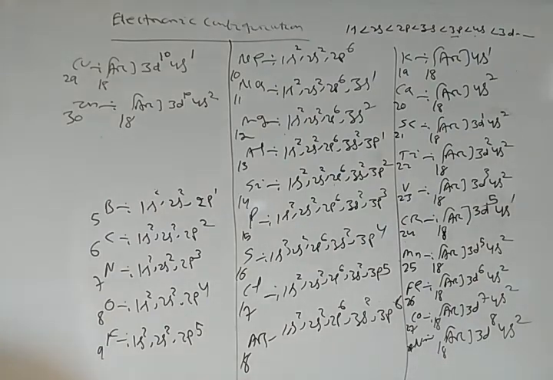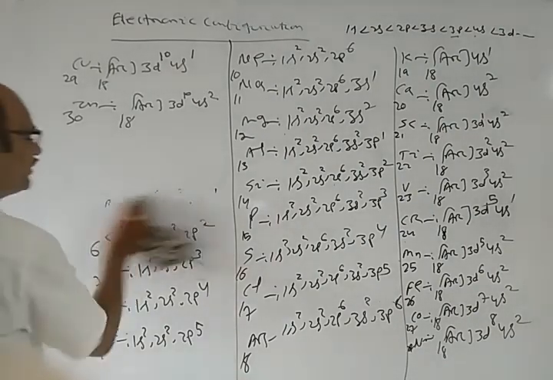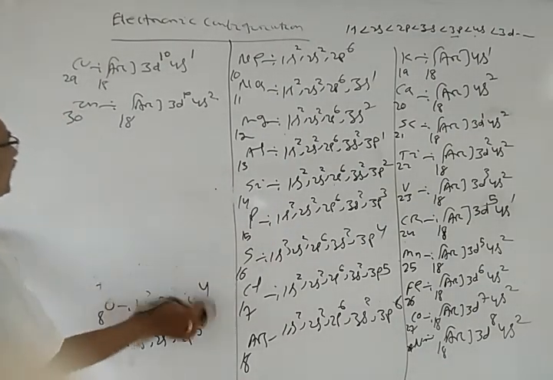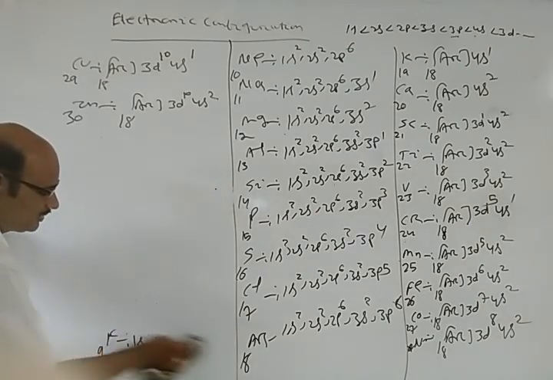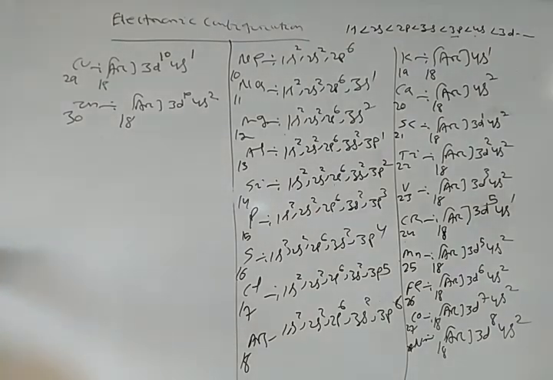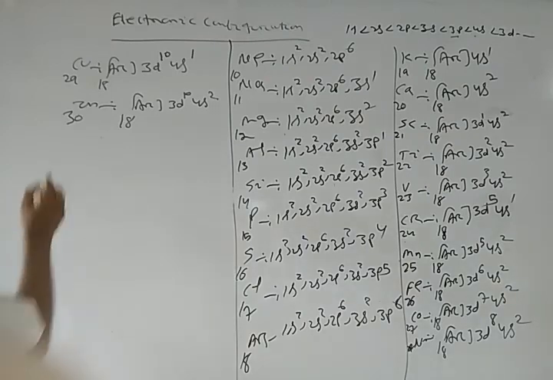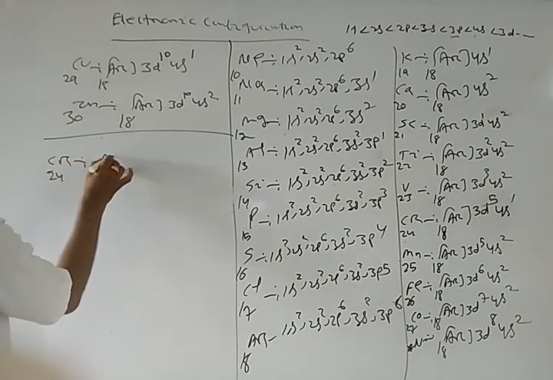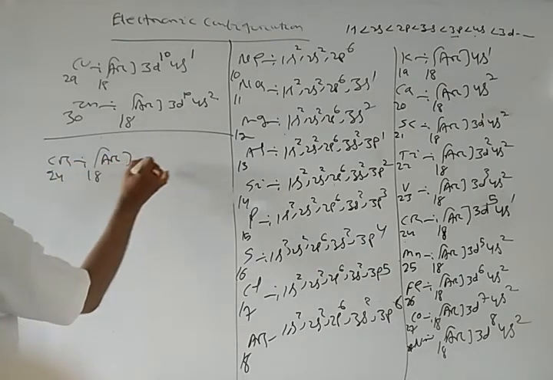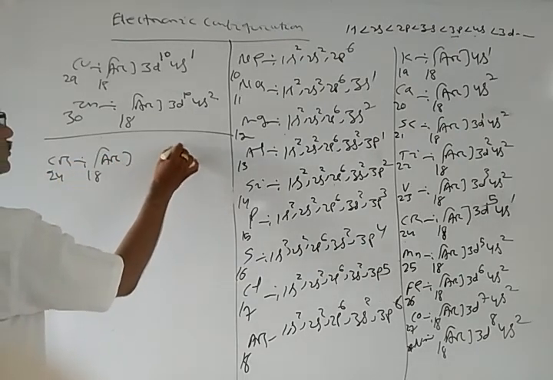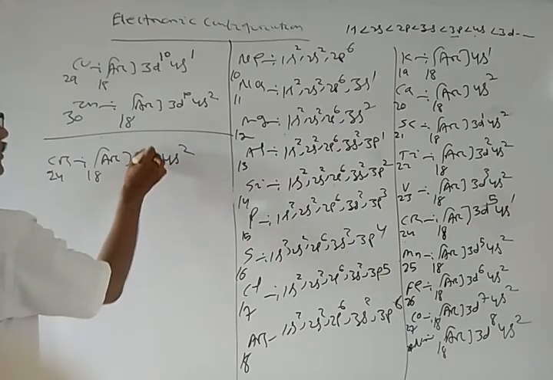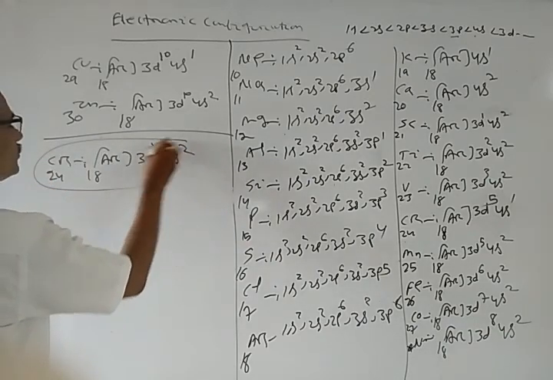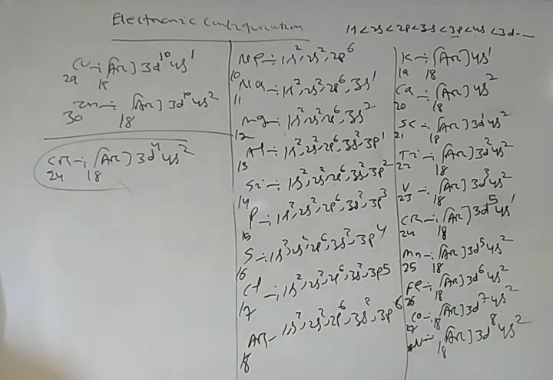So here we have seen two elements, chromium and copper, having exceptional configurations. For example, chromium 24: argon 18, 4s2, 3d4. This is wrong.